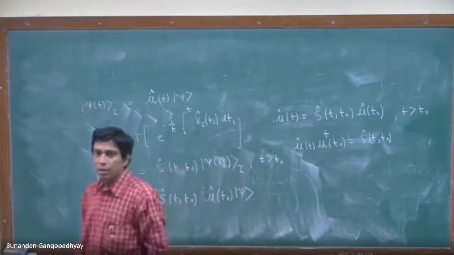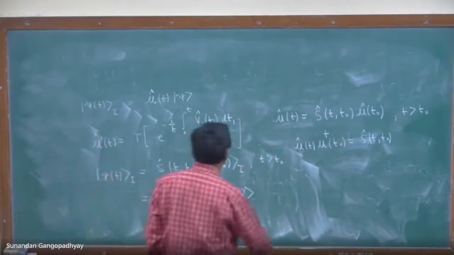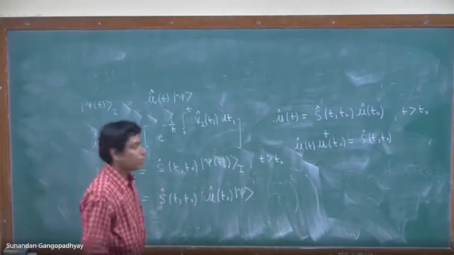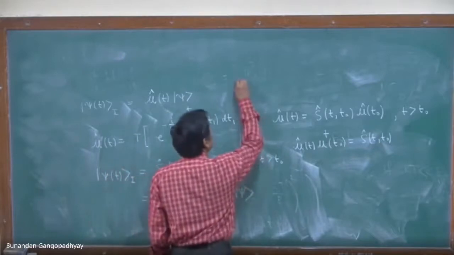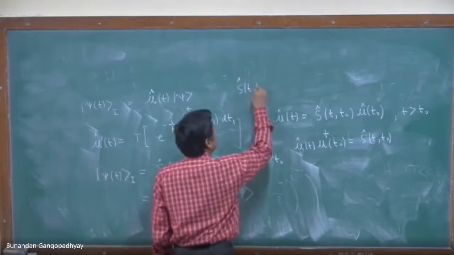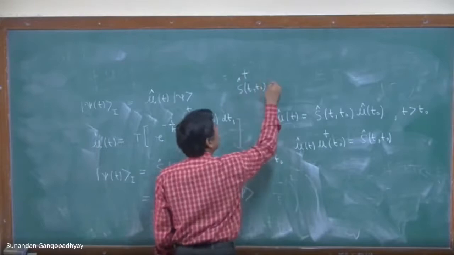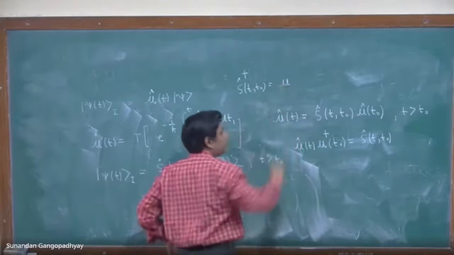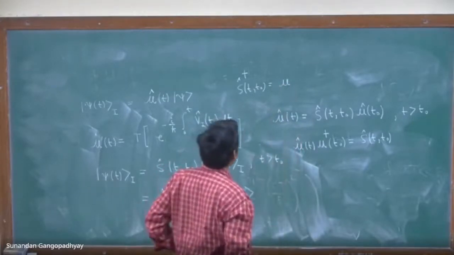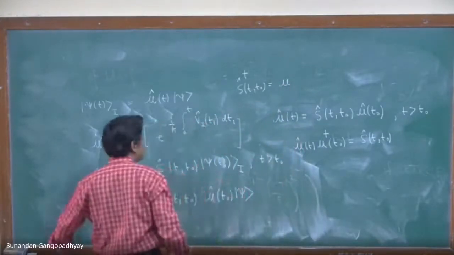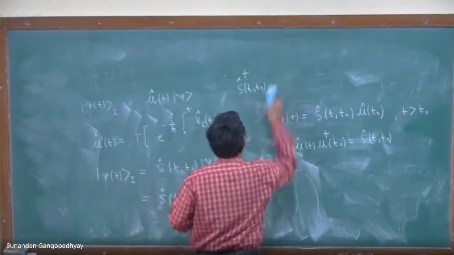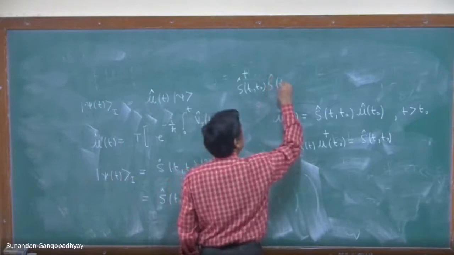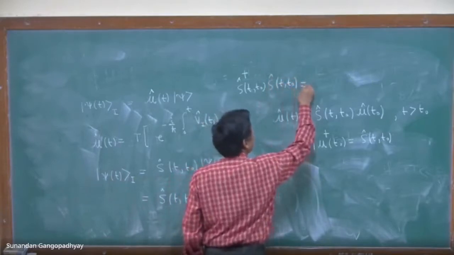And you can immediately check that this operator that we have introduced, S hat t comma t naught, is a unitary operator. That is very easy to check. What we need to do is calculate S hat dagger S hat t comma t naught.